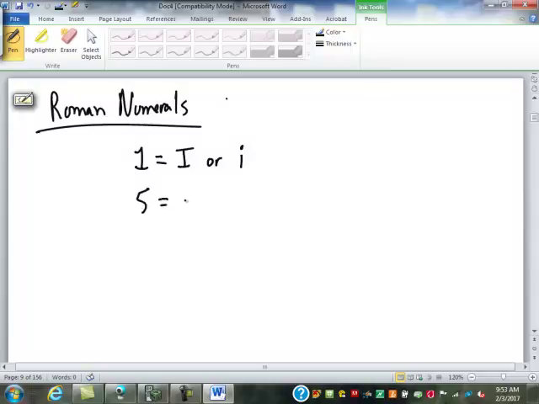Our number 5 is a V, again, either capital or small v. Our number 10 is represented by an X, again, capital or small. 50 is represented by an L, or of course a little l.